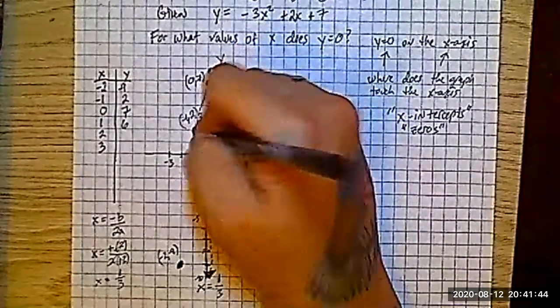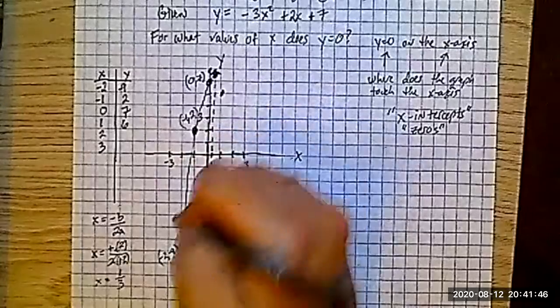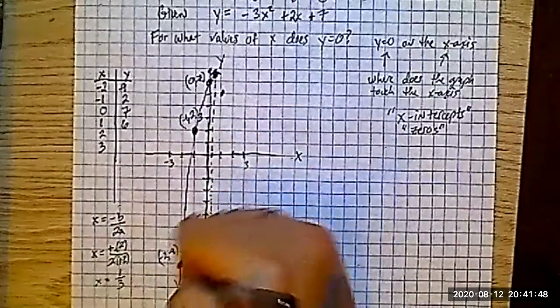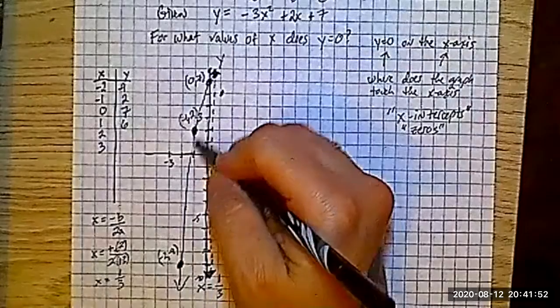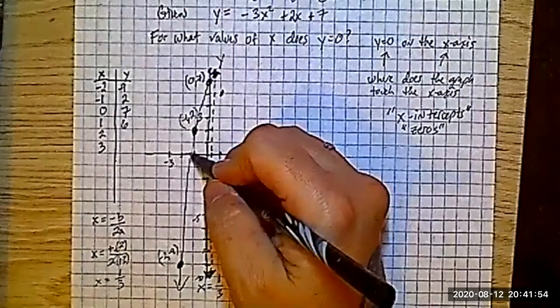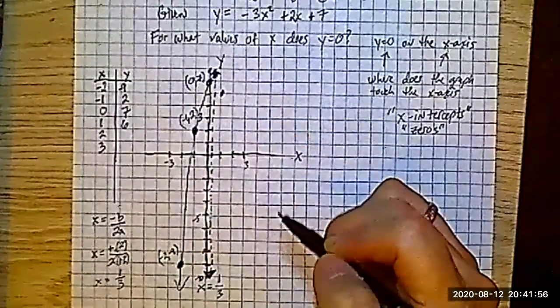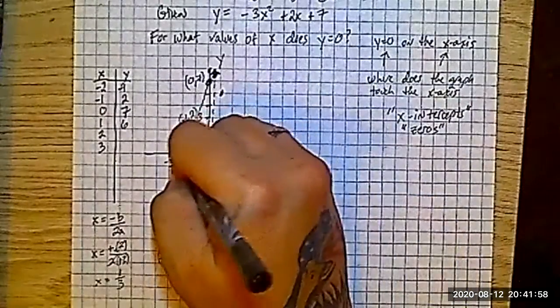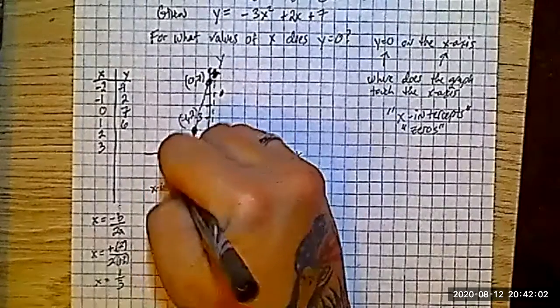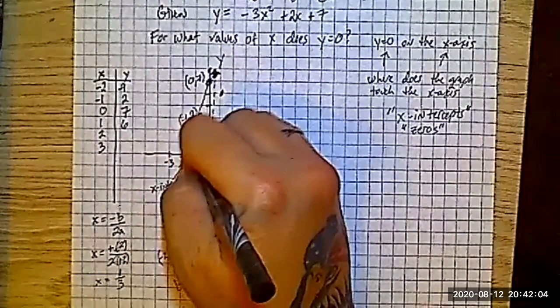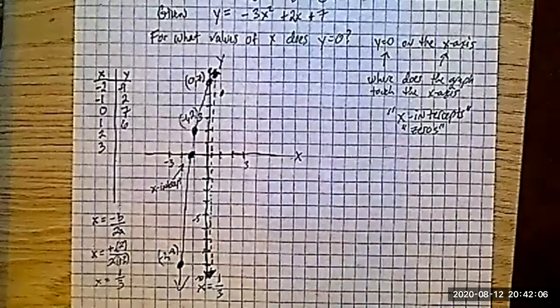And I'm going to go ahead and draw my line like that. And you can see right here that this first x-intercept is just a little bit past 1. So here is an x-intercept. Just a little bit past 1.